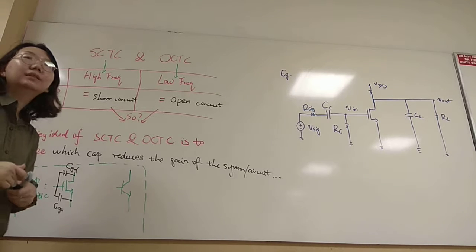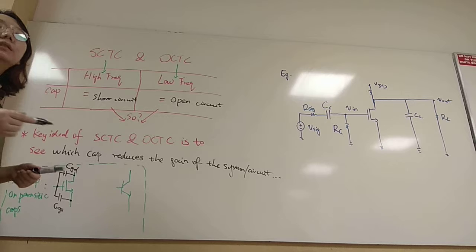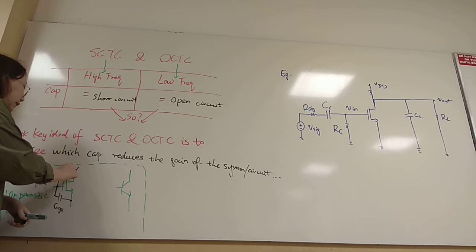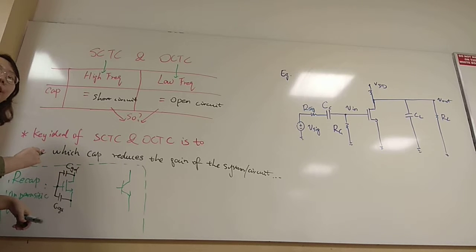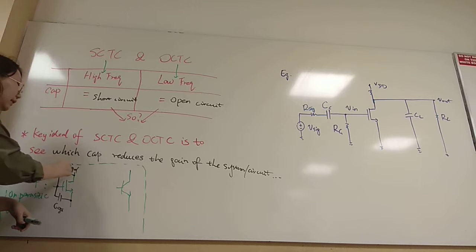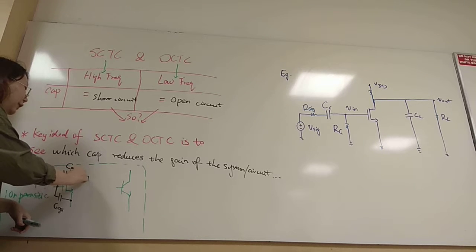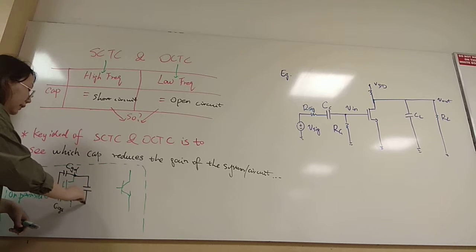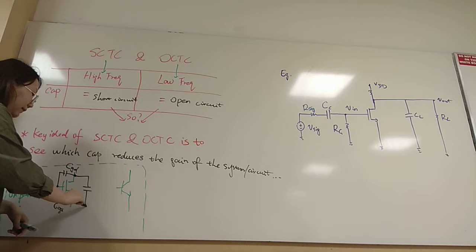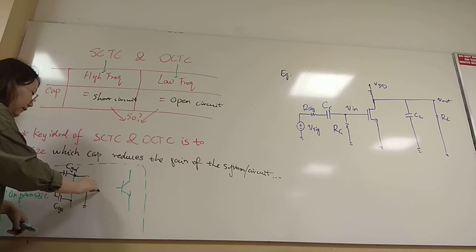CDB. So it will be between the drain and where? D is drain. Where is B? Base. No, not base, ground.